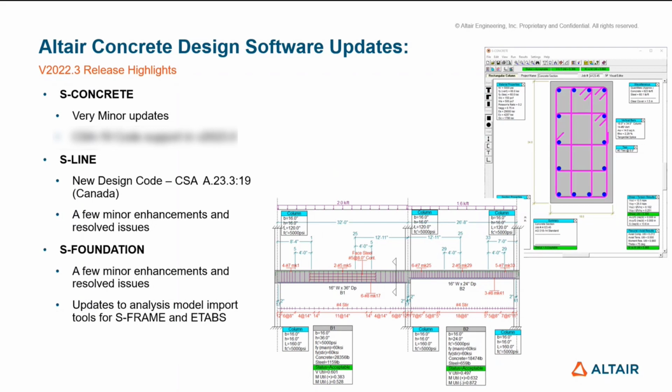Also, in some cases, it deals with seismic, particularly for walls. So a lot more effort goes into S-Concrete in comparison to S-Line. But be that as it may, we do have now A23.3-19 code support. There were a few minor enhancements and a couple resolved issues as well in S-Line.